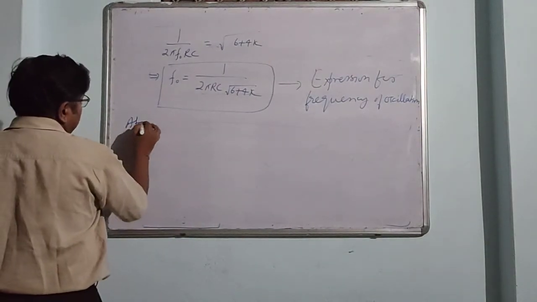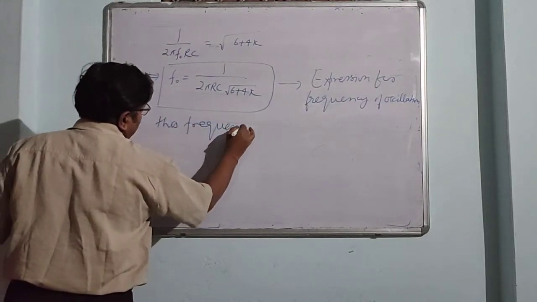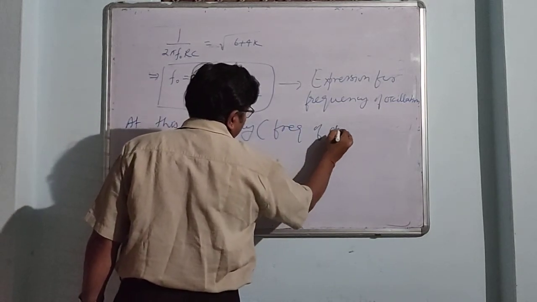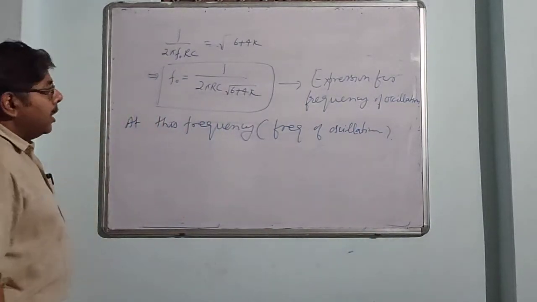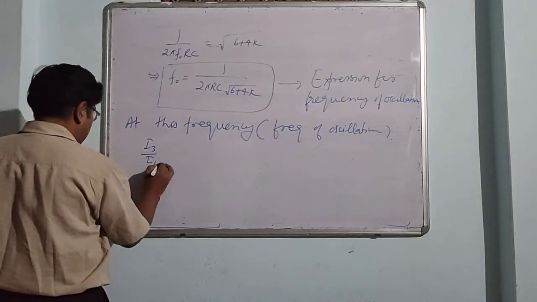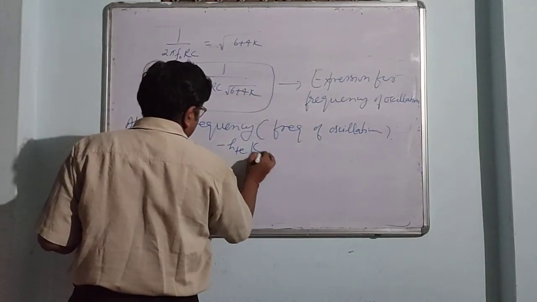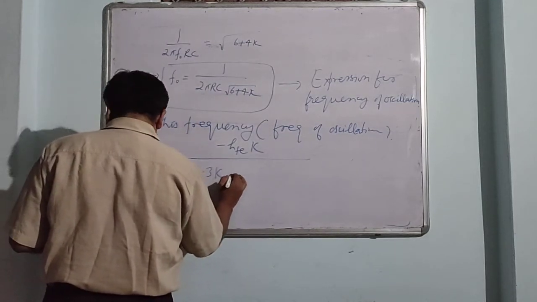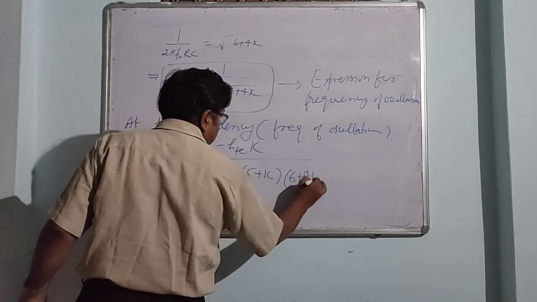So at this frequency, means frequency of oscillation, at oscillating frequency imaginary part is 0, it means ratio of current is simply minus hFE k divided by only real part 3k 5 plus k into 6 plus 4.